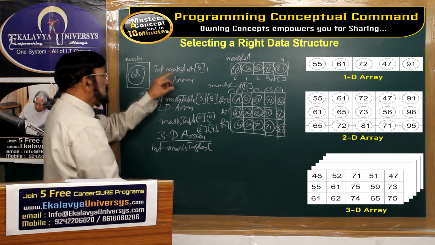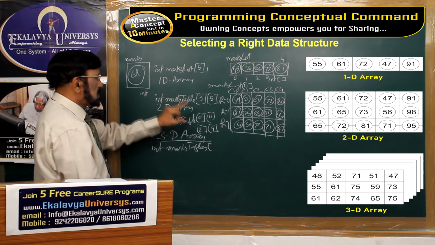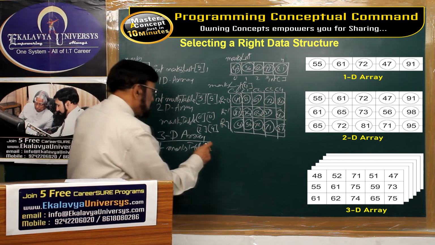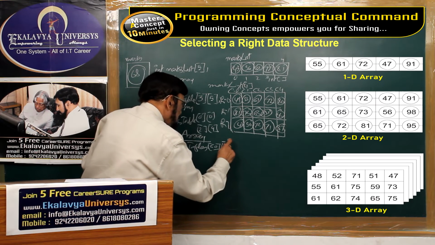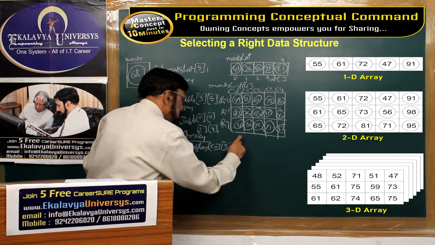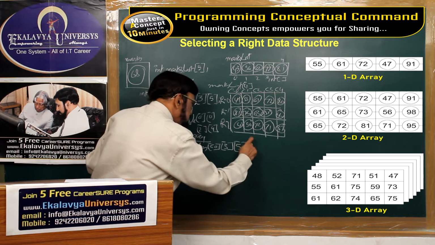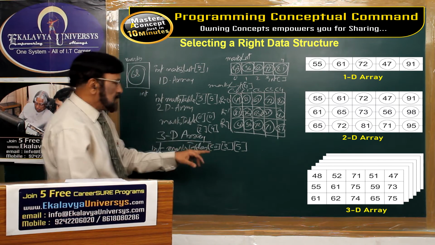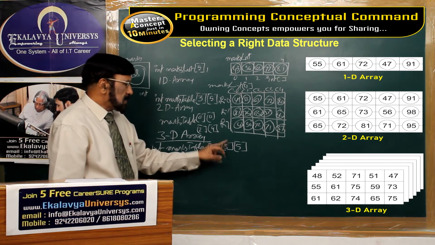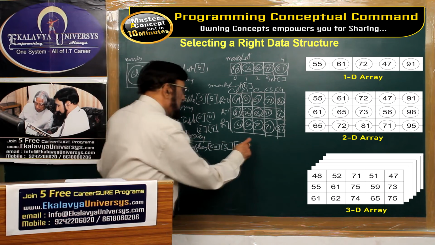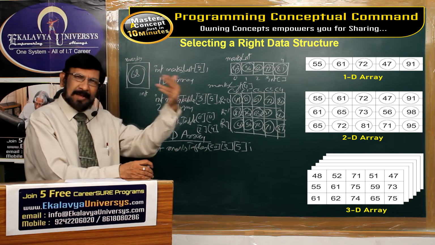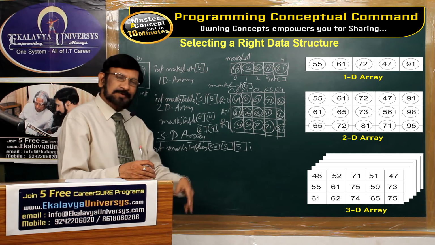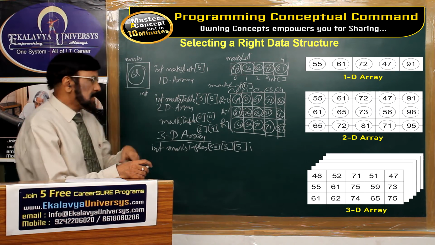See, give correct names: marks, mark list, mark table, mark tables. How many students? 60 students in your class. How many terms? 3 terms, each having 5 papers. Totally, how many marks? 60 into 3, 180. 180 into 5, 900. Even 9 lakhs of data items we can store, and whatever you want, you can retrieve.